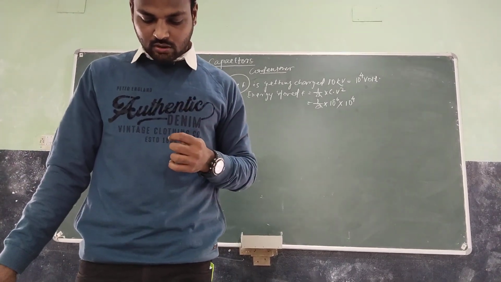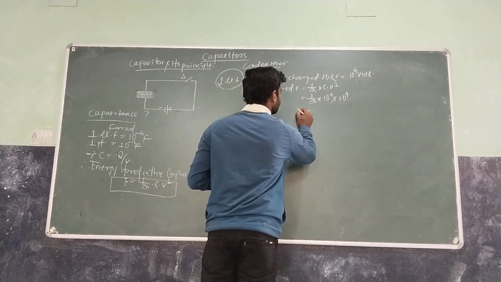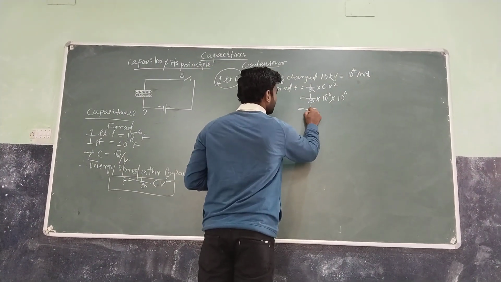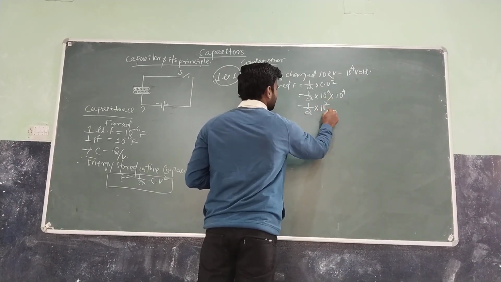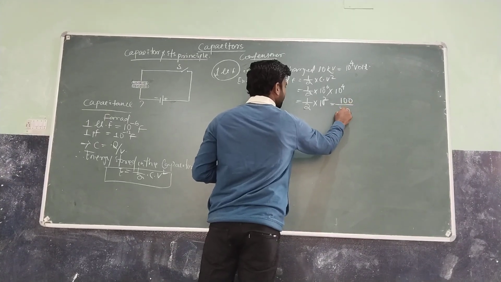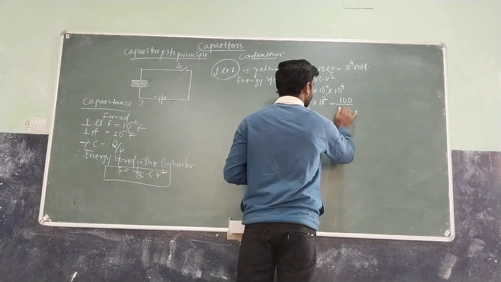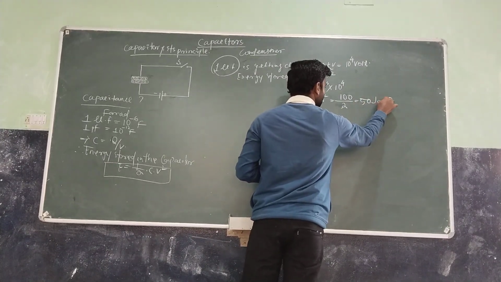So 10 to the power 2 is equal to 100 by 2. 100 by 2 equals 50 joules.